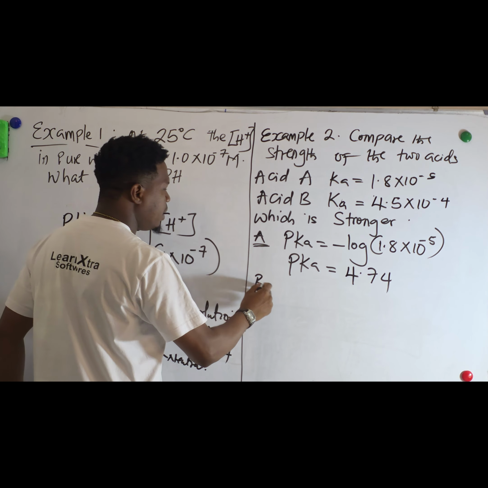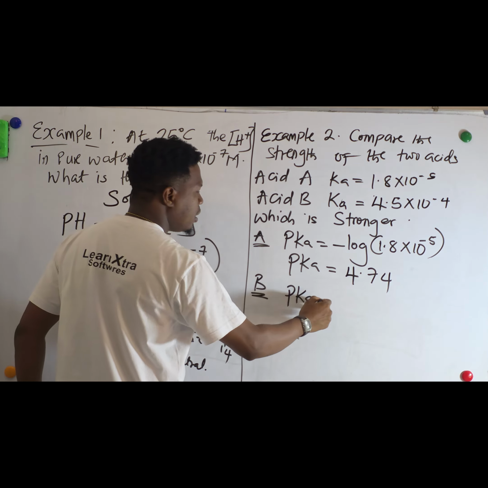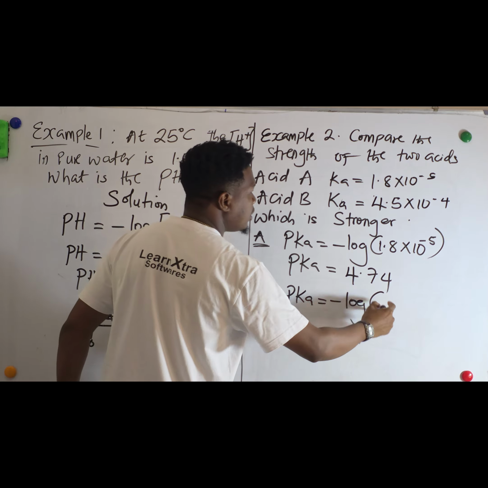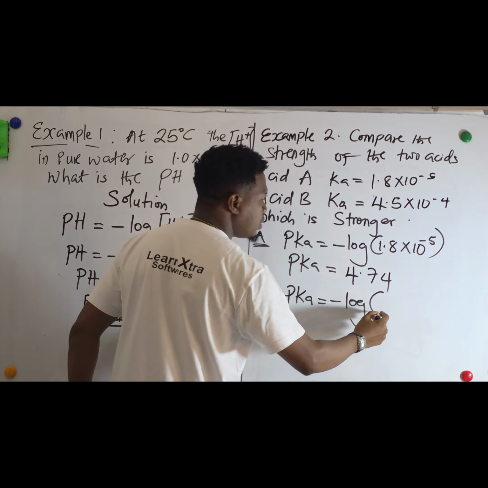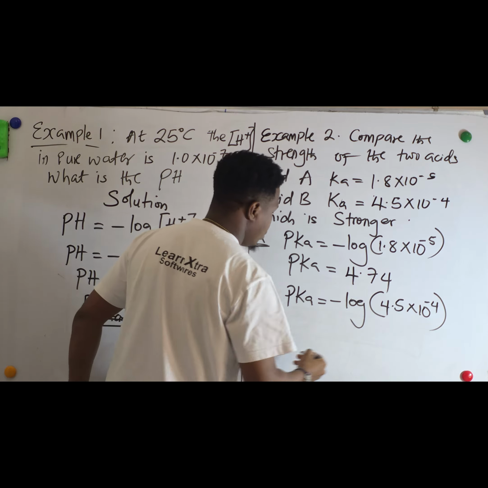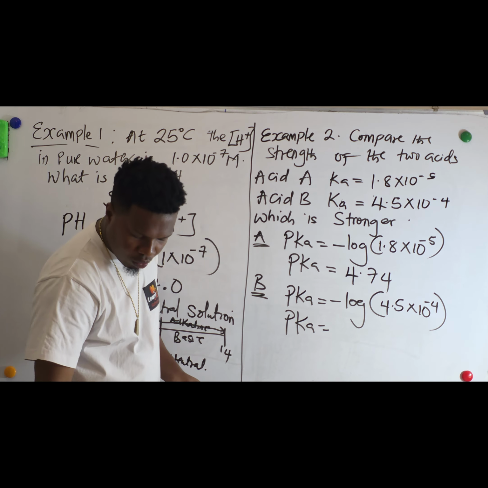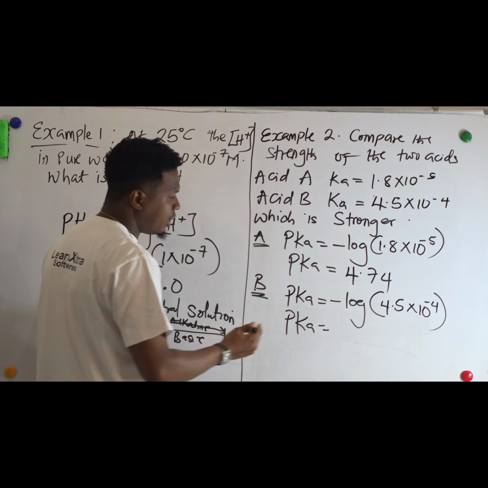Okay? Then for B, the pKa for B will be minus log the Ka for B, which is 4.5 times 10 to the power of minus 4. If you find this pKa for B, it will become 3.35.